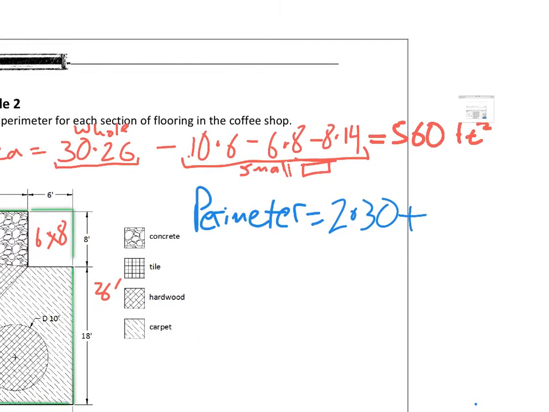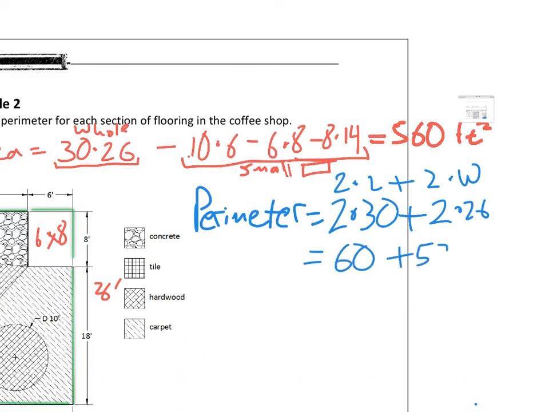In the back of your book, you've got some formulas: 2 times the length plus 2 times the width. So the perimeter is 2 times 30 plus 2 times 26, and that's 60 plus 52 equals 112 feet. So if we want to go all the way around it, we need 112 feet.